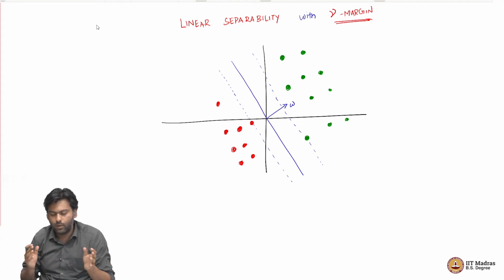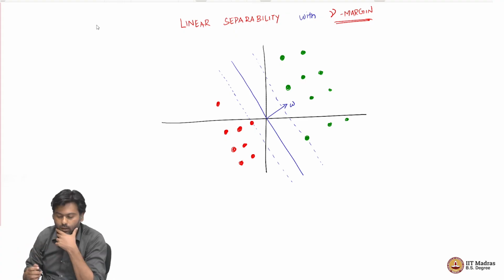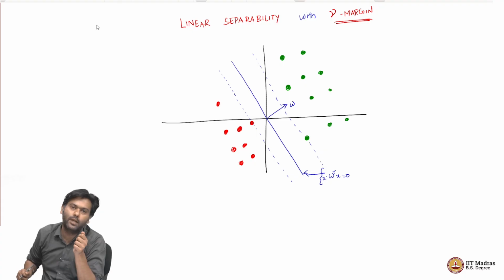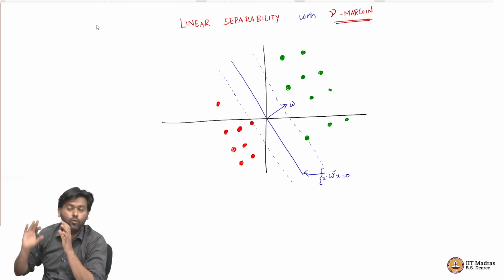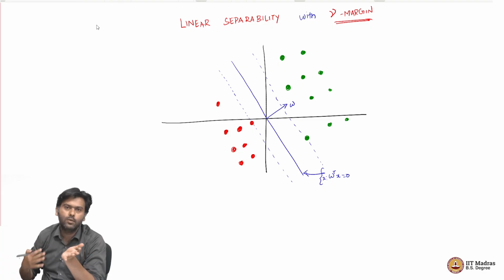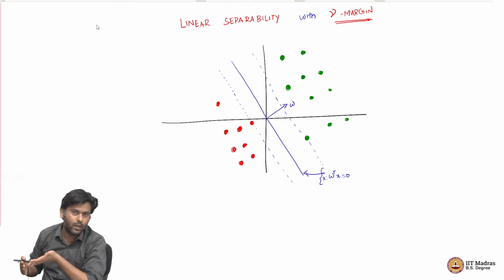Now this is the W for which this line is W transpose X equal to 0, the set of all X such that W transpose X equals 0. What we are saying is that there is a W which separates my positives from the negatives such that there are no points that lie on the line.